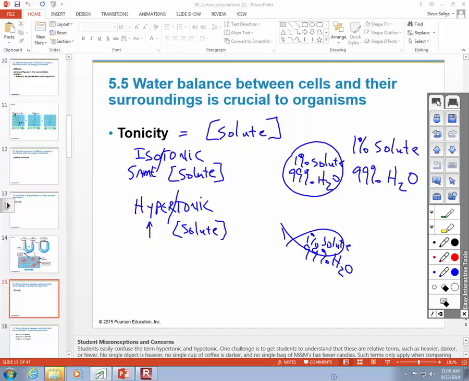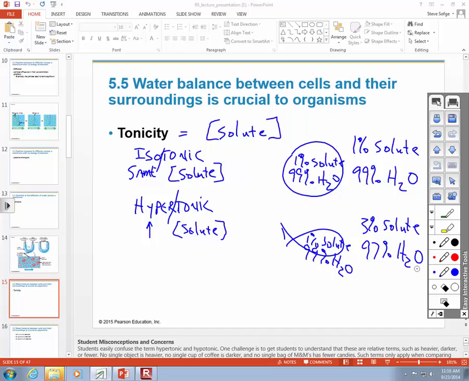All the invertebrates, your jellyfish and animals without backbones, they're typically about a 3% solute. Well, the ocean is a 3% solute, approximately, depending on where you're located. But on average, it's about a 3% solute. That's a 97% water. Okay, so this fish is swimming in a 97% water.